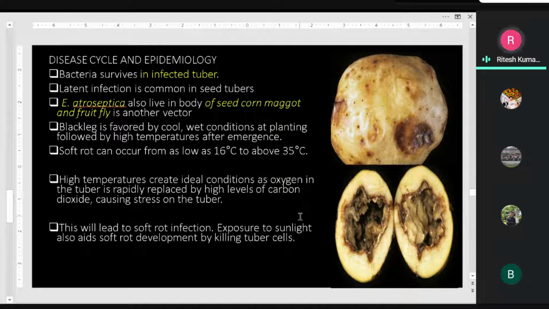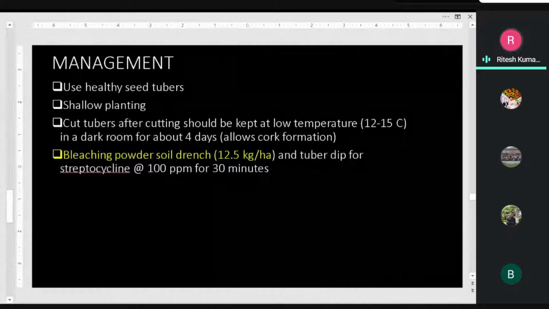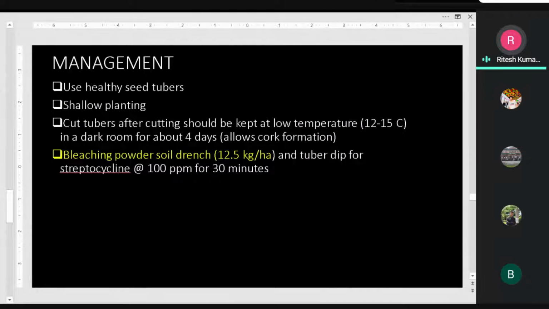The bacteria can easily survive in infected tubers as active infection or as latent infection, or they can survive in the insect body, or in the soil. They are favored by wet and warm conditions. So where this problem exists, soil application of bleaching powder.